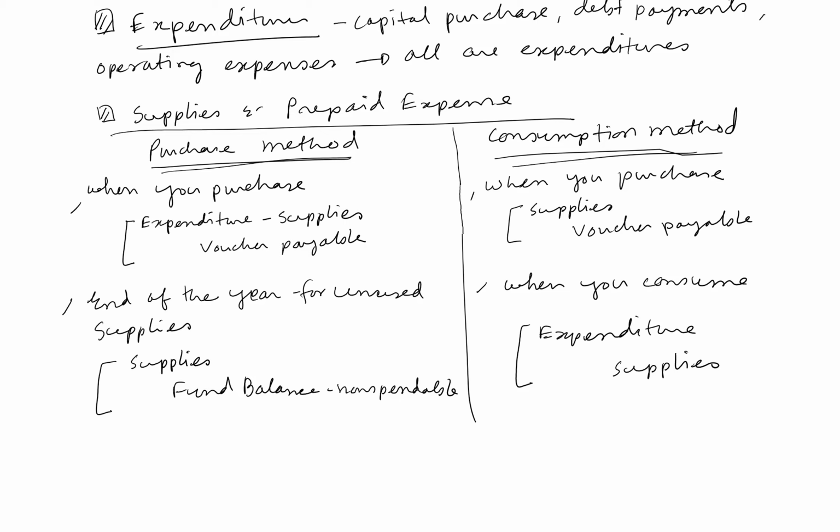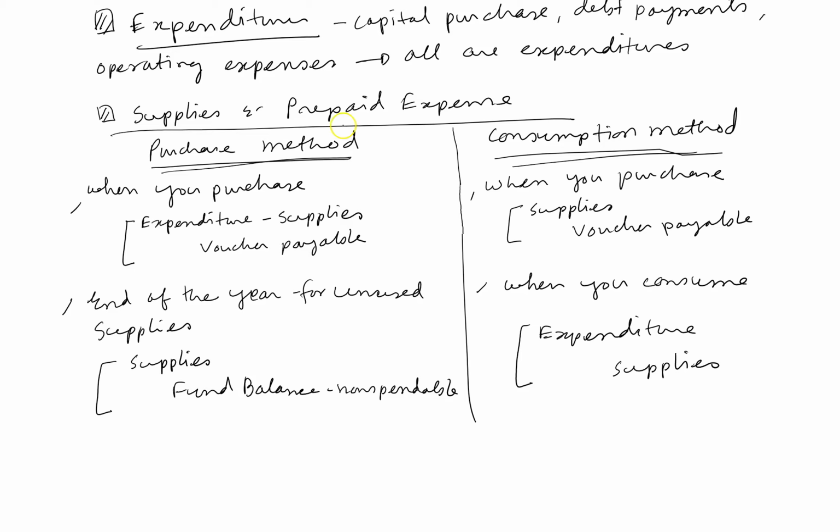For expenditures, all capital purchases, debt payments and operating expenses are considered expenditures. For supplies and prepaid expenses, there are two methods to record it: the purchase method and the consumption method.